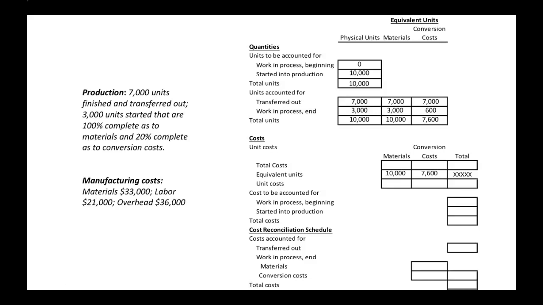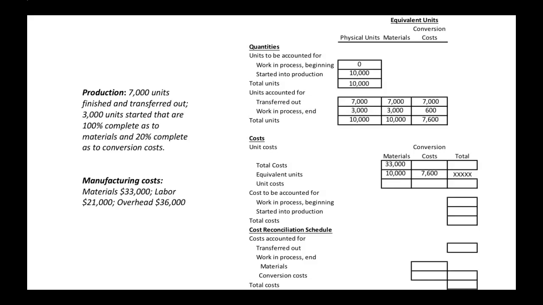So now we are ready to work on cost. We need the total cost for materials and then the total cost for conversion costs. So we're looking over in the manufacturing costs information that was given to us. We're told that the materials was $33,000. So we'll toss 33,000 in there.